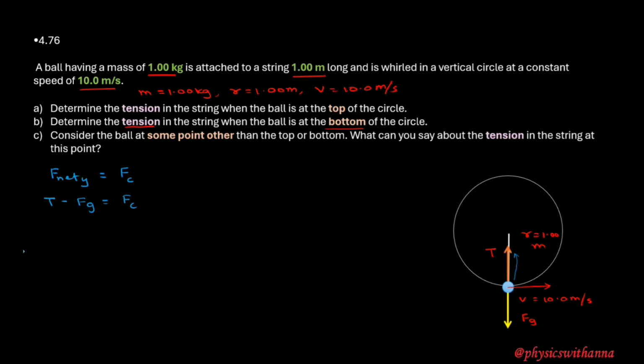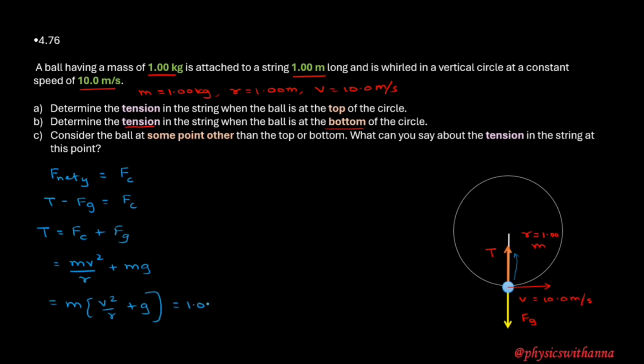So now rearrange to find T. I get T equals Fc plus Fg. Fc can be written as mv squared over r and Fg as m into g. Take m as common: m times v squared over r plus g. Now substitute.